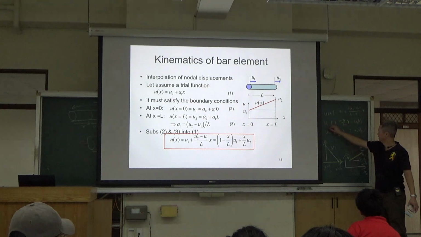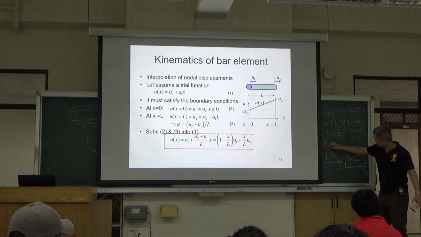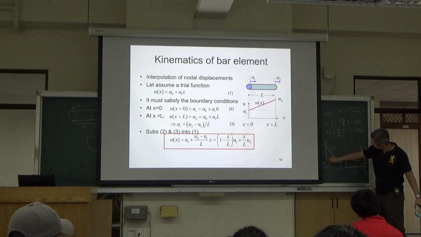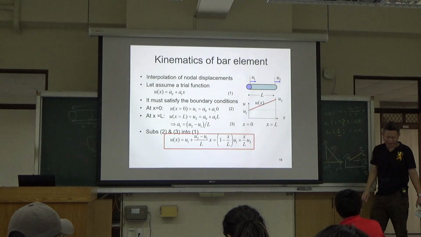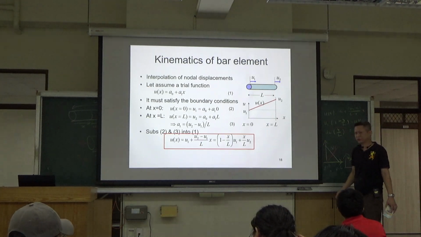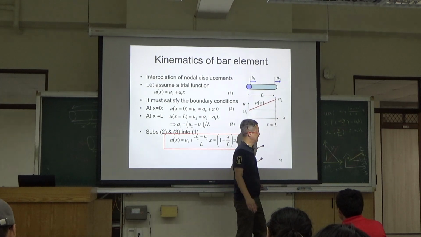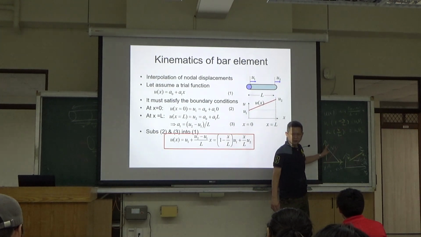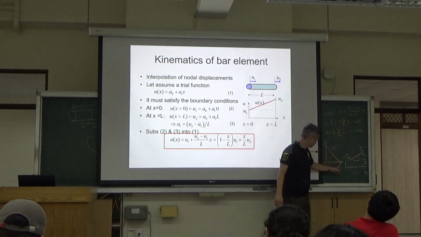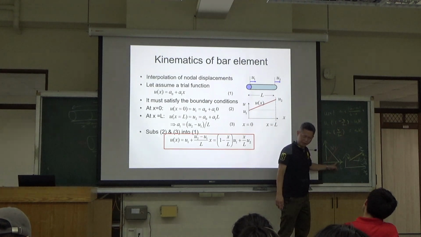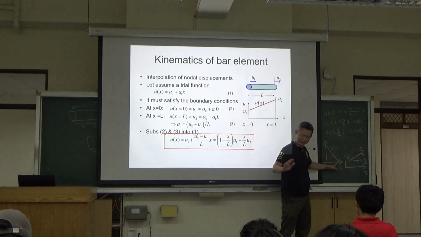And then next, U2 is multiplied with x over L. It becomes 1 when x is equal to L. So here you already can see my shape functions are just a line of a right angle triangle, starting with 1, ending with 0 next to you.